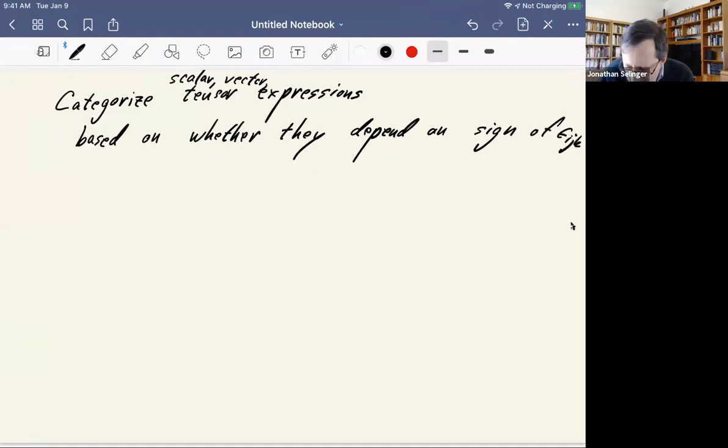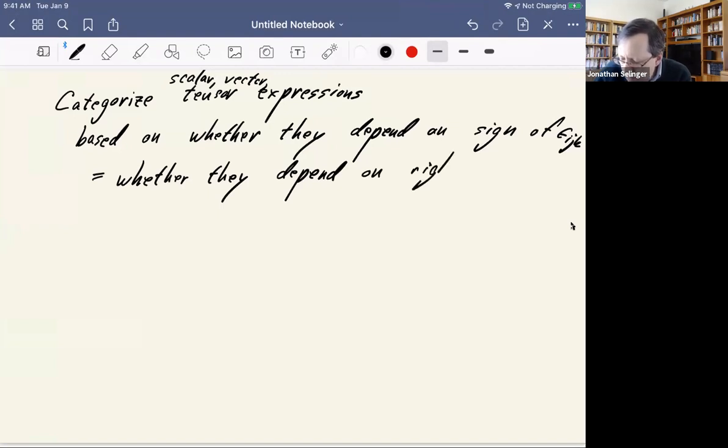And that means whether they depend on the right-hand rule versus the left-hand rule.